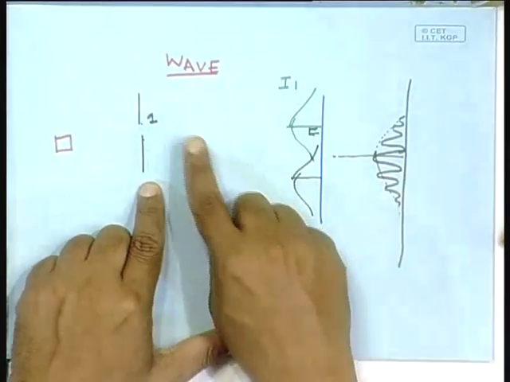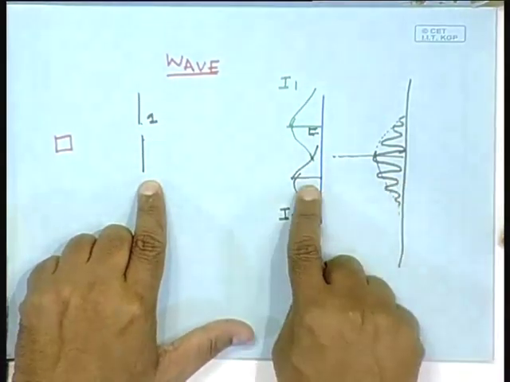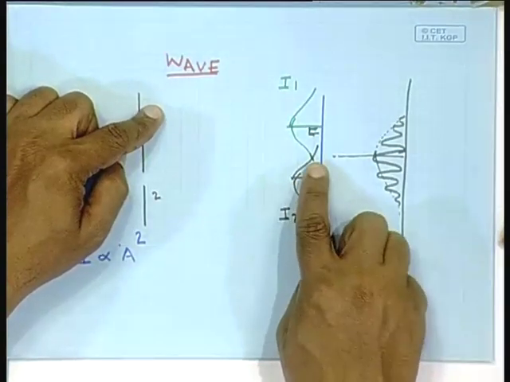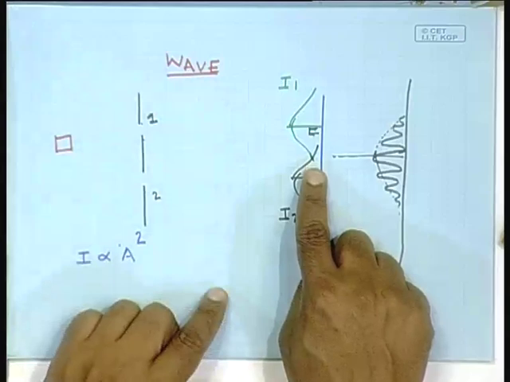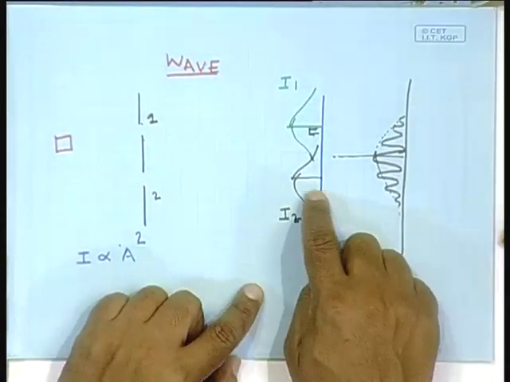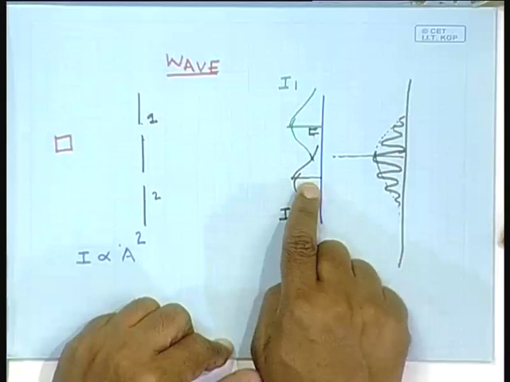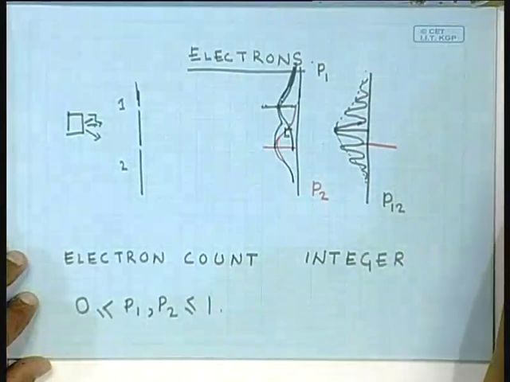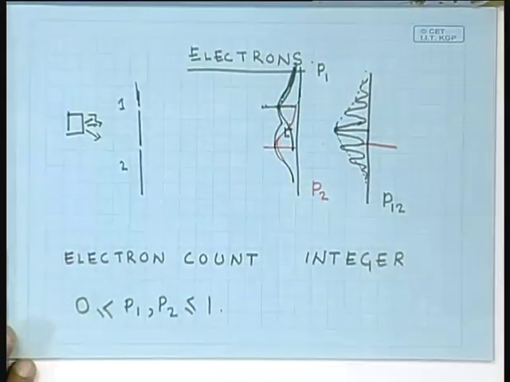Whereas, if I had only this open, there would be a finite intensity at that point. Similarly, if only this were open, there would also be a finite intensity at that point, but when I open both, the 2 waves which are exactly out of phase cancel out and the intensity goes to 0. So, the situation that you see for the electrons is very similar to that. There must be something going on which is very close to what happens in waves, where you have a cancellation of 2 waves, interference.